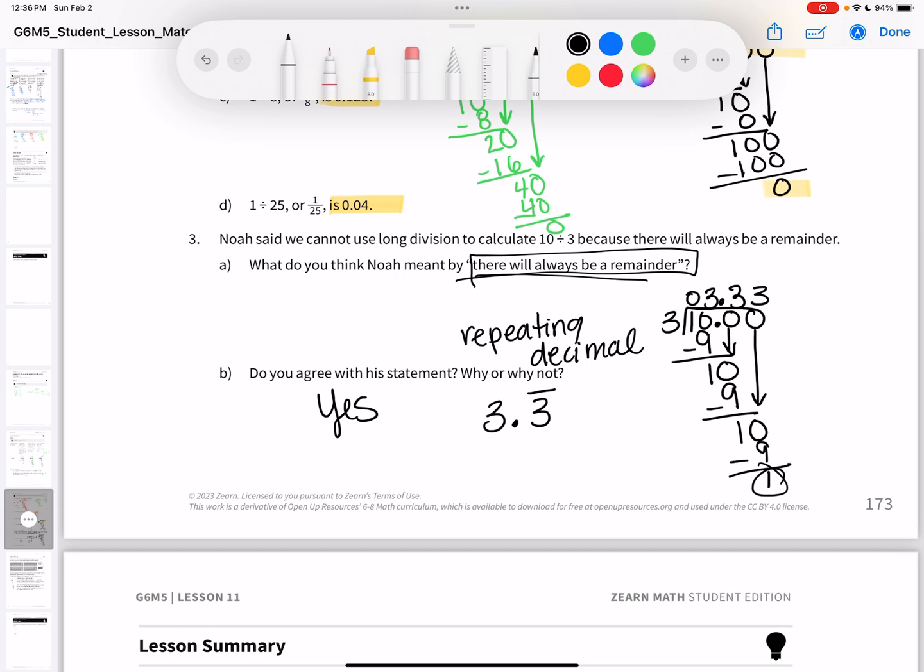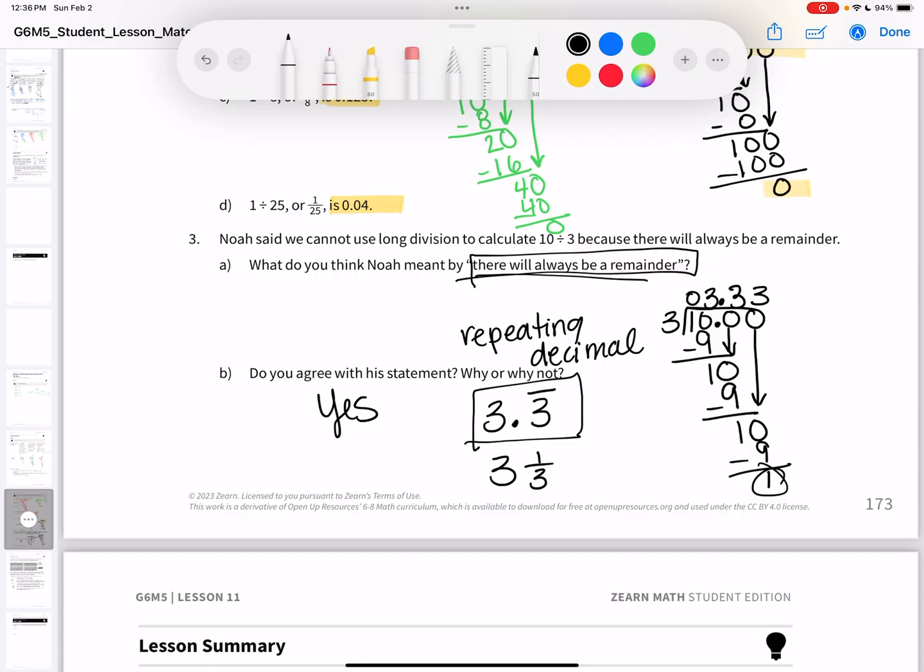So when it's something like this, you can write it like this with a bar over the number, or you can write it in fraction form because the fractional form actually does encompass that repeating decimal. So this would be 3 and 1/3.